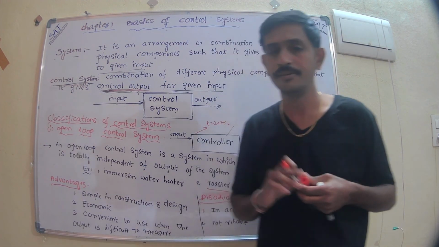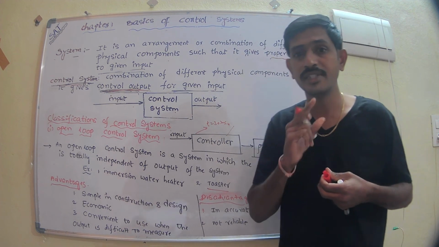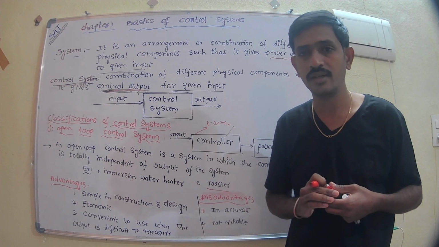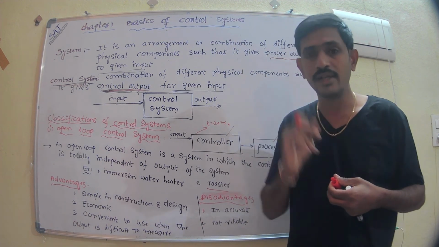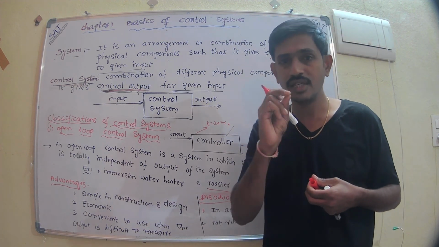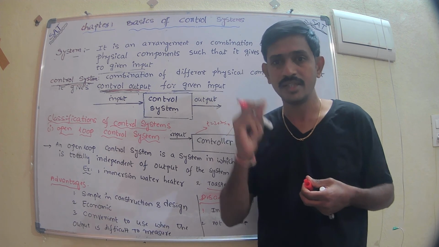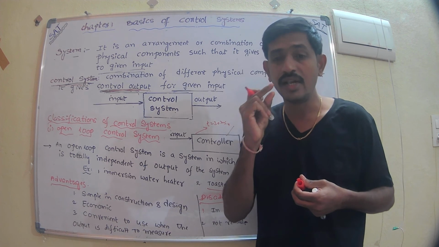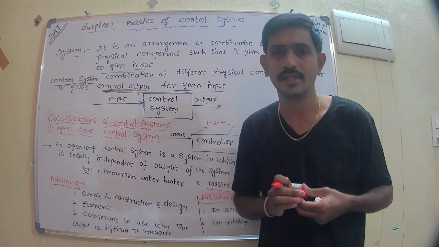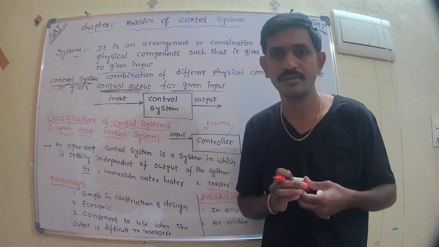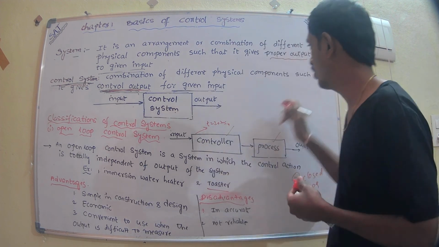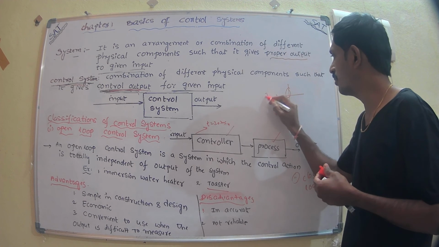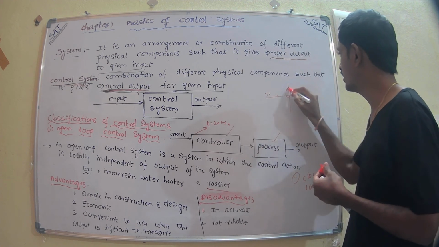Okay, the traffic signal is also one of the best examples for the open loop control system. Why? In traffic signals, initially we set the timing, 60 minutes, 30 minutes. But it doesn't control the time according to the density of the traffic. For example, this is my traffic junction. On this side 30 people are there, on this side 30 people, and on this side 60 people.